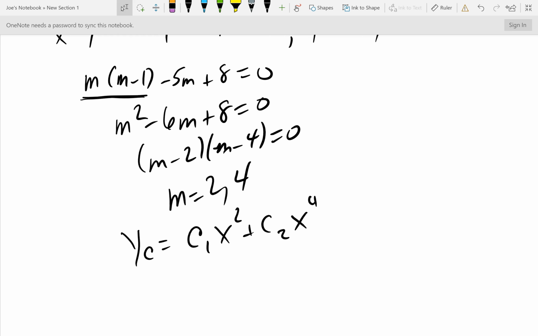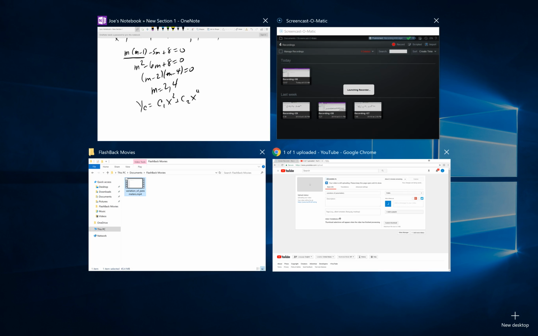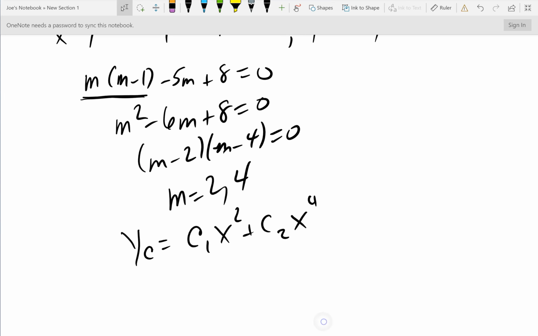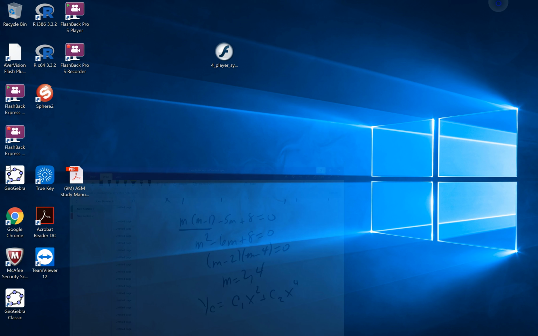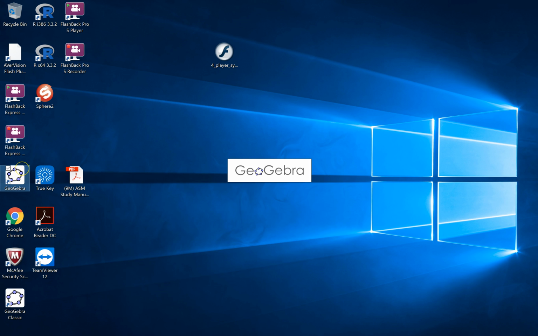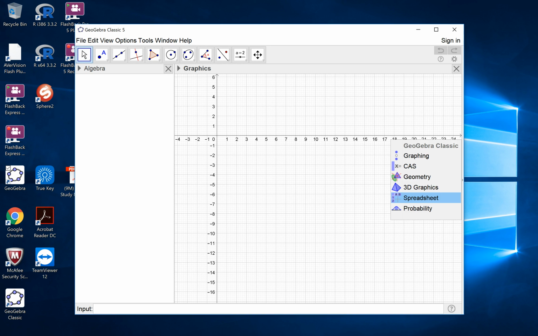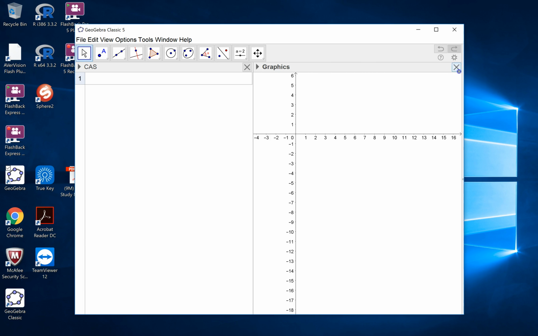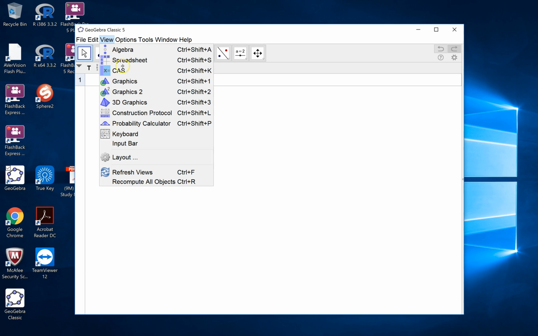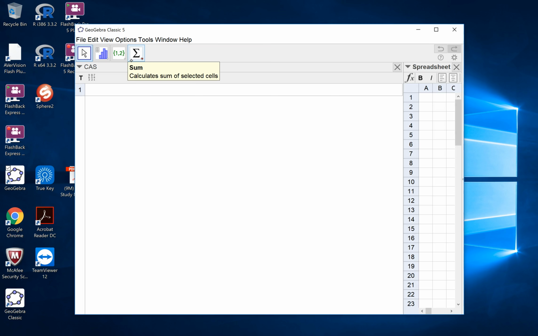We'll now use GeoGebra to help us with variation of parameters. So let's flip over to GeoGebra. I didn't open it up yet, so let's do that. Remember, we'll need to define our functions for our fundamental set and then solve our system using Cramer's rule.